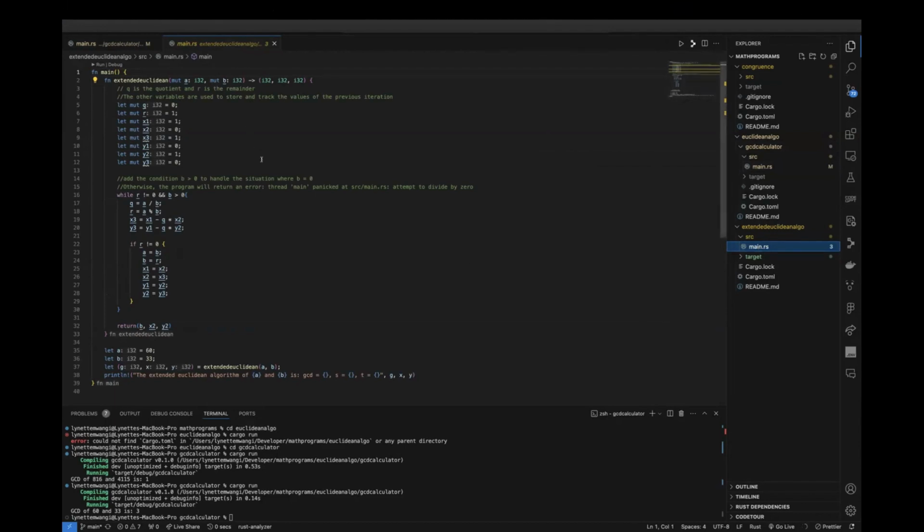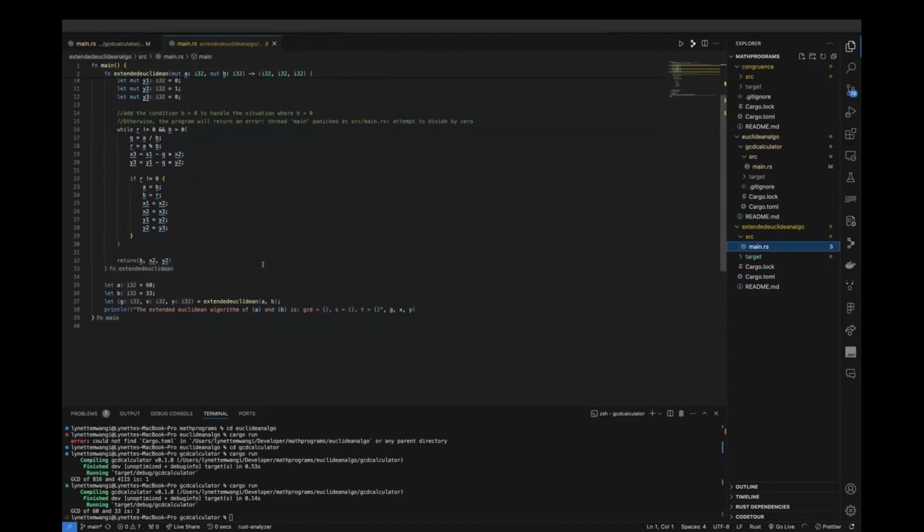First, I created variables for the quotient and the remainder. Our function is taking in two numbers, the numbers we're trying to find the GCD for, and it's going to return the GCD and X and Y. We're going to use signed integers because sometimes the answer is negative.